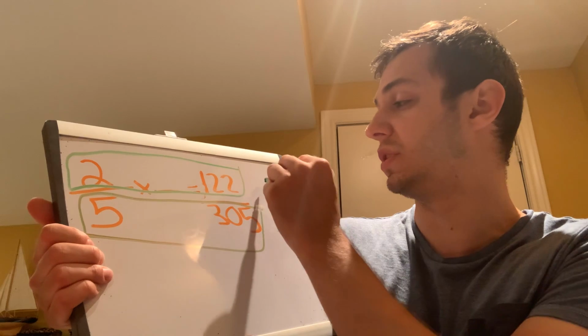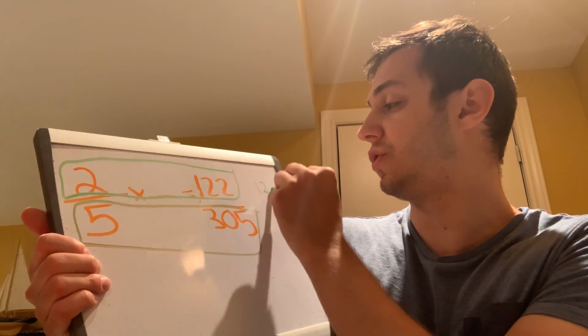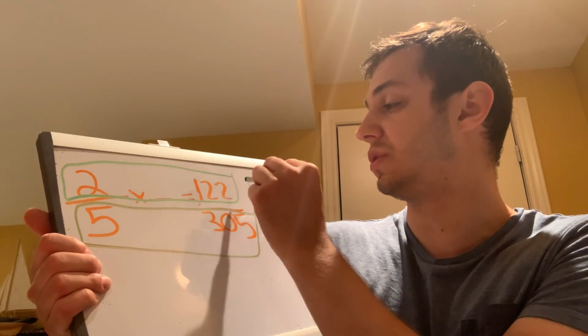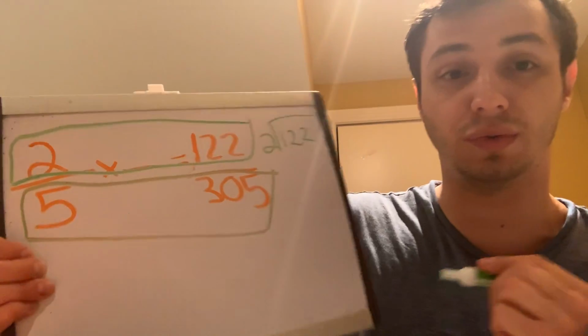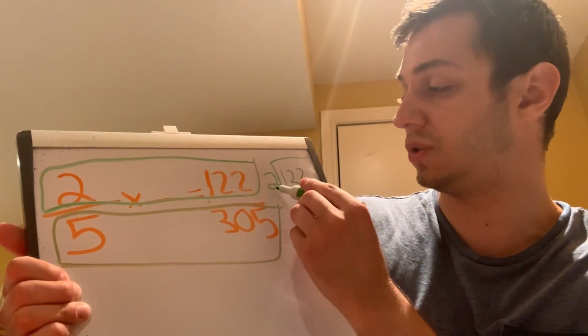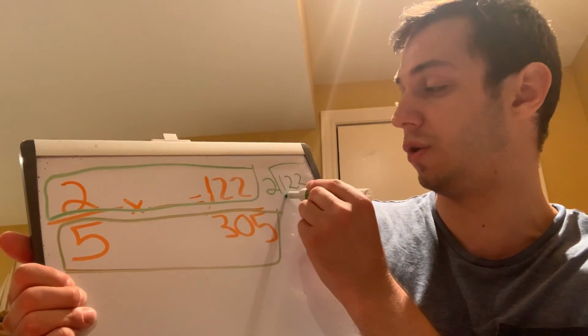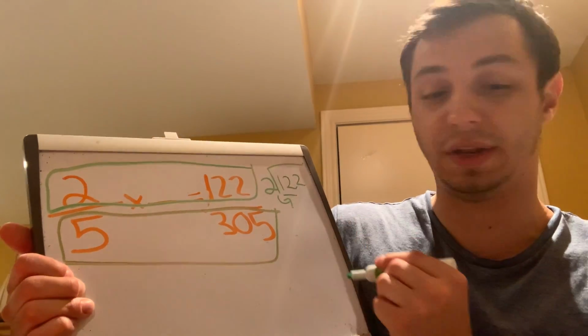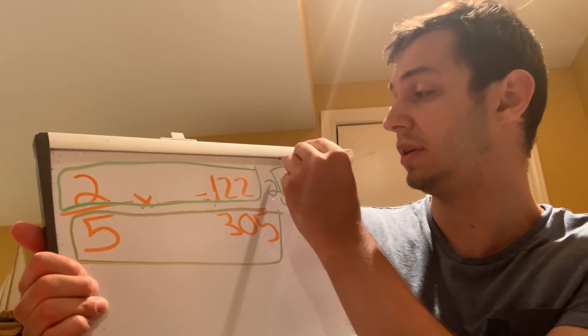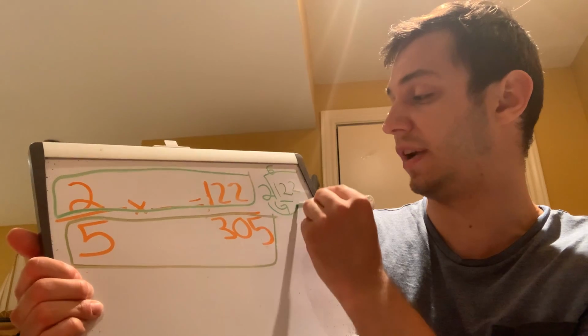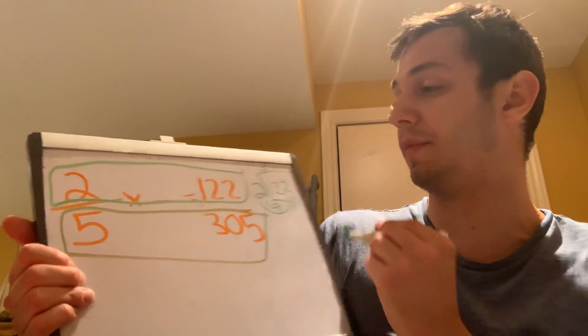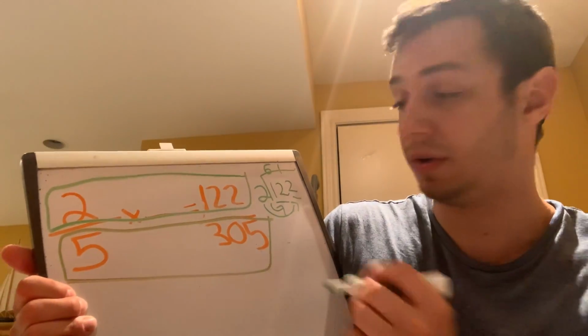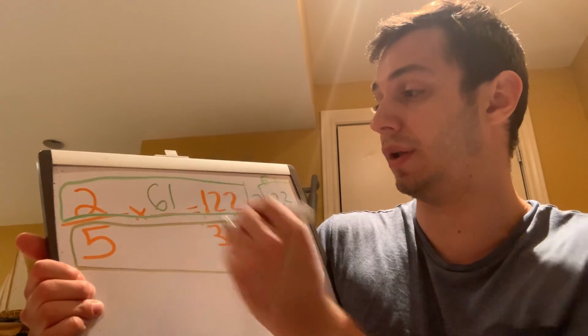So here I'm going to divide 2 into 122. Right, so I know that 2 can't go into 1, but it can go into 12. How many times? 6. And then I know 2 can divide into 2 one time. So my top number will be 61.